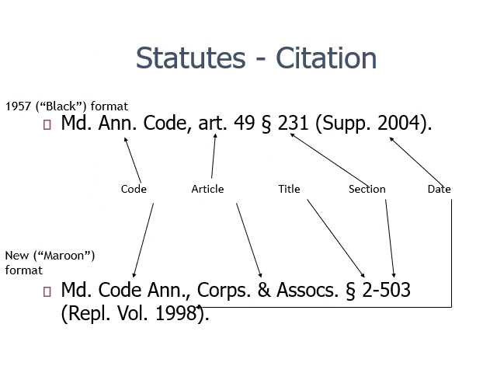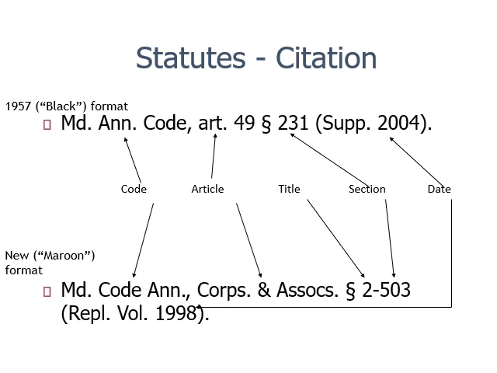So let's take a look at citation to Maryland statutes. Again, we have a little bit of confusing stuff here because we have the black version and the maroon version, again, all with current statutes. So let's look at the format for the black version, the 1957 formatted version. We start out with the Maryland Annotated Code, that's the abbreviation for the black version, followed by a comma, with article abbreviated ART, lowercase, with a period at the end.